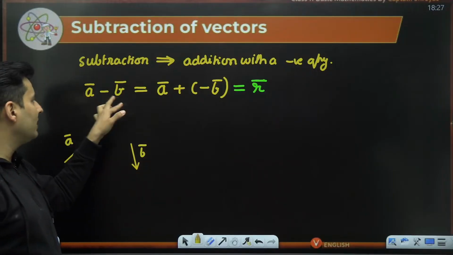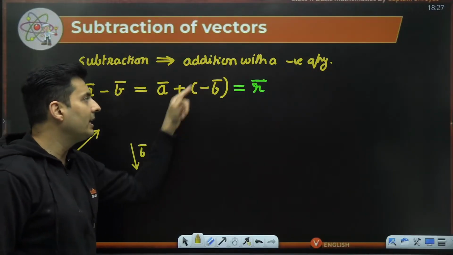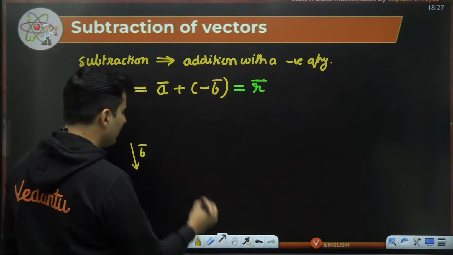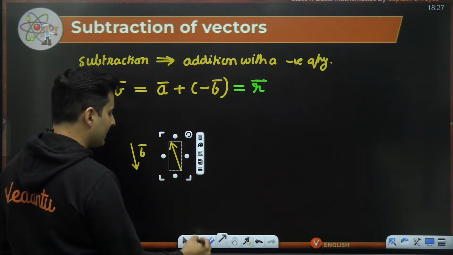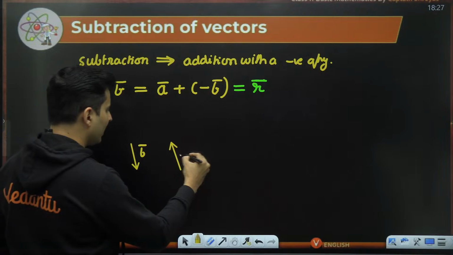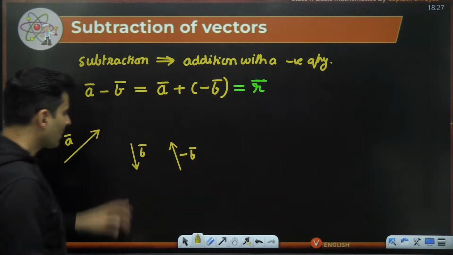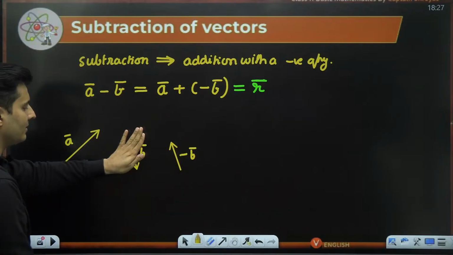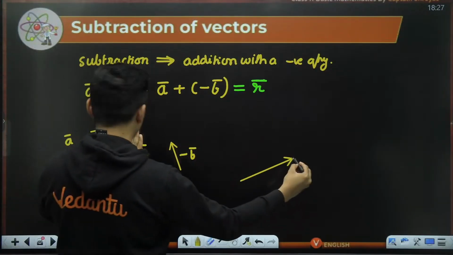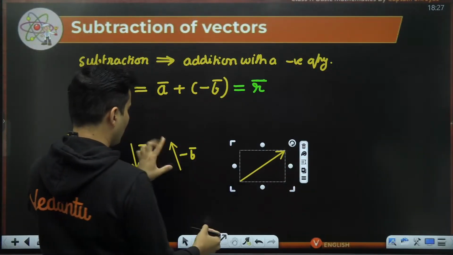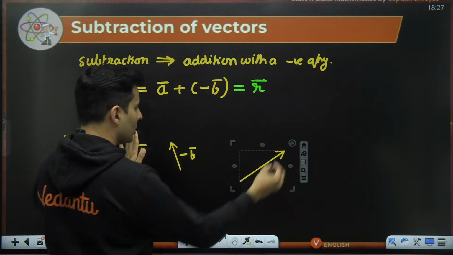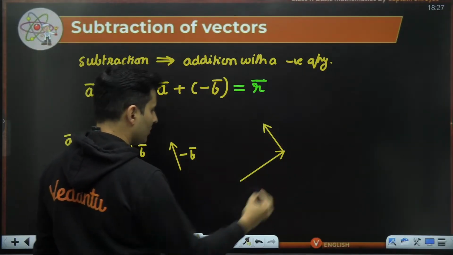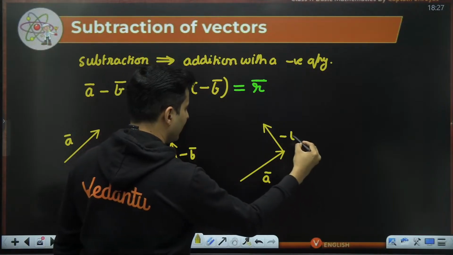As you can see, A minus B means I have to take the negative vector of B. So B is like this, and the negative vector of B will obviously be like that, exactly the same value but in the opposite direction. Now forget this, just look at this and this. This is our vector A, and this is our negative vector B.